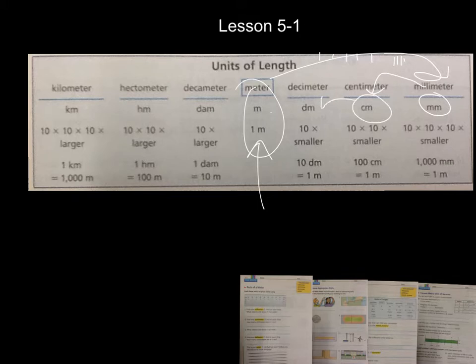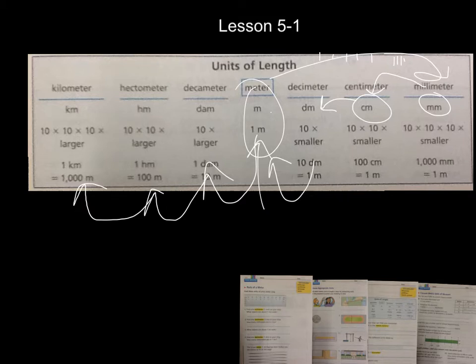Every 10 centimeters equals a decimeter. And then 10 decimeters will equal a meter. And 10 meters will equal 1 decameter. I guess I should look that word up. 10 decameters will equal 1 hectometer, and then 10 hectometers will equal a kilometer.